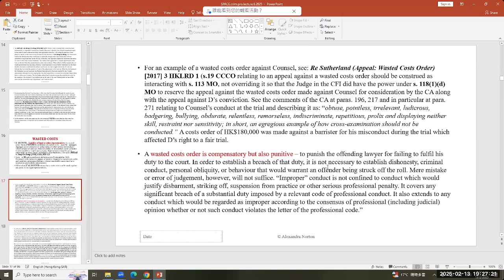What happened in this case is that it was originally set down for a 3-day trial. And it was a 3-day trial about indecent assault. The allegations were that the victim had been sitting in a movie theater, it's quite empty, and the defendant had come in and chosen the seat next to her.